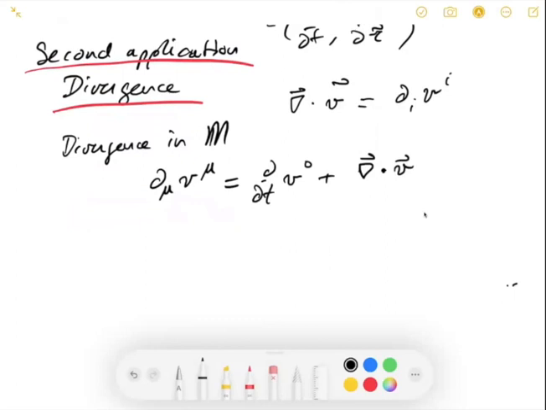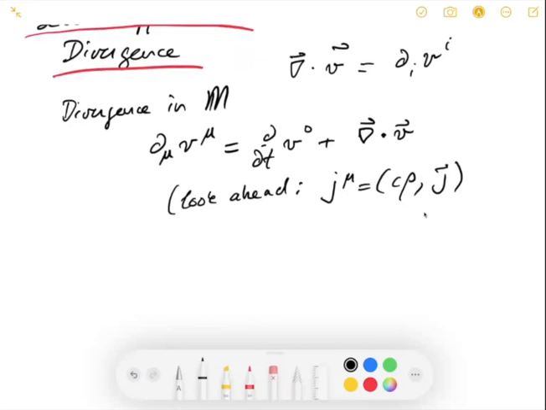What we will see, for instance, when we finally do our E&M, look ahead, is that if we use a current 4 vector J mu, which has c rho and the current density as its components, then del mu J mu is d/dt of c rho plus the divergence of J, which is 0 because that's charge conservation.